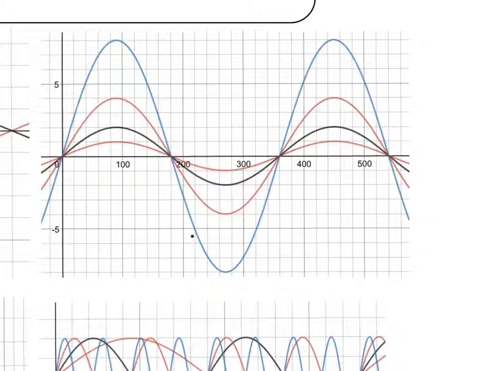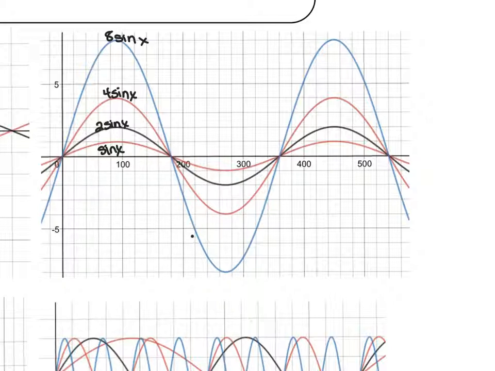This one here is the sine x, this was the 2 sine x, this was the 4 sine x, and this was the 8 sine x. What you should notice is that it didn't change the points where it intersected the axis.